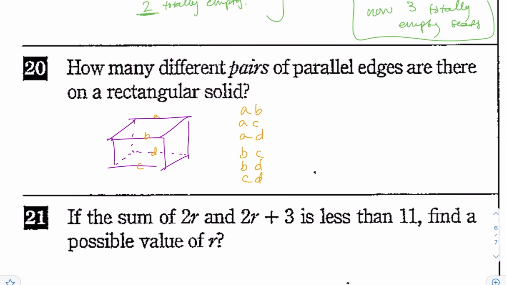Then you also want the vertical ones, so you can call these E, F, G, and H. So you have the same 6: EG, EF, EH, then FG, FH, and then GH. You have another 6 there.